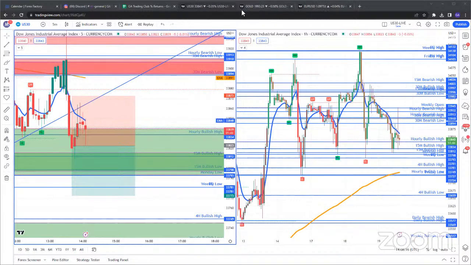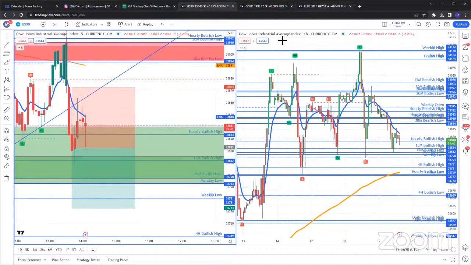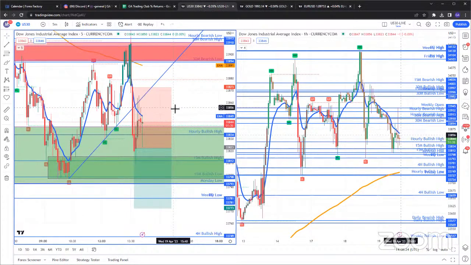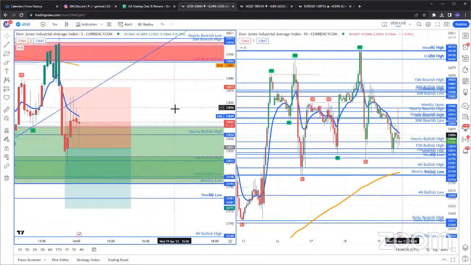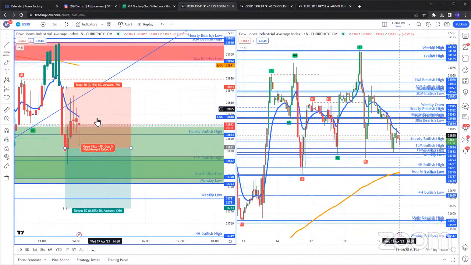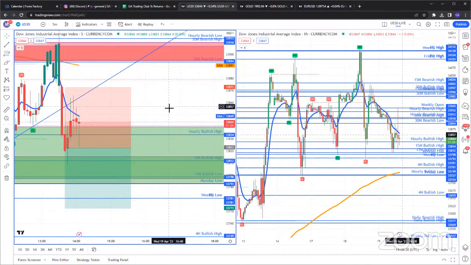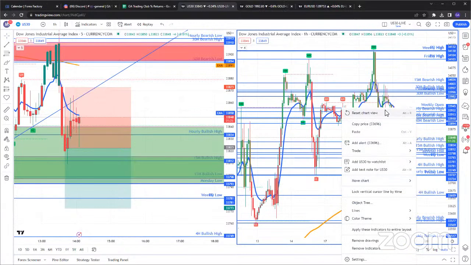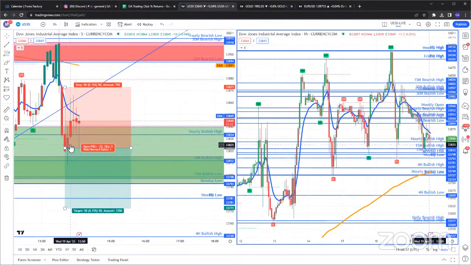So if gold and EU are trending to the upside, we need to reconsider where our trade is at, because US 30 can easily flip and switch to the upside. Let's see yesterday's US 30, give me a second.